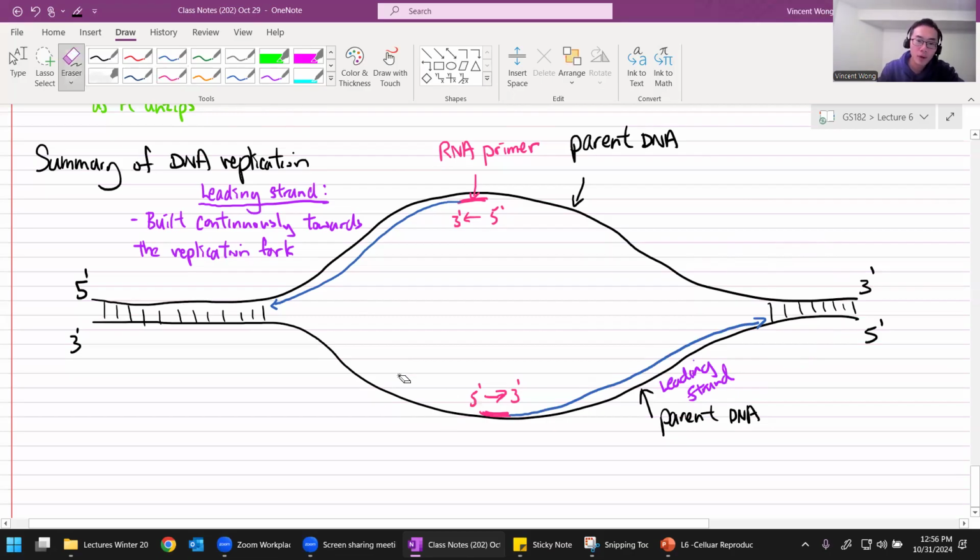So what do we do with all this stuff that is being revealed as helicase unzips more? Well, you're going to need more primer, and more primer, and more primer. And then you'll be able to build a little bit at a time like this. So this strand that's being built a little bit at a time, that's being built in fragments, is called a lagging strand.